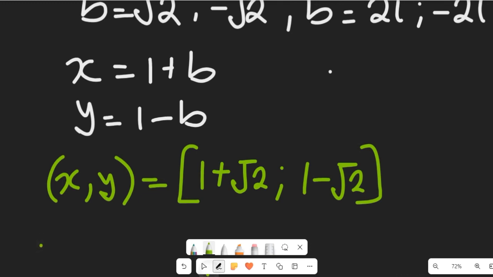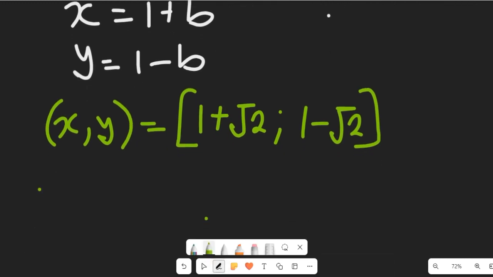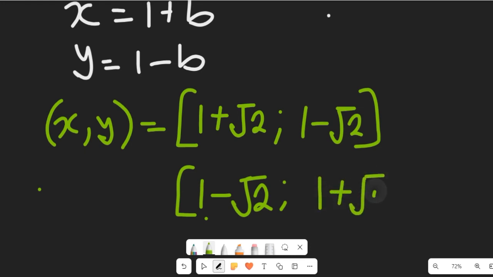We'll also have the next solution to either give us 1 minus the square root of 2, or 1 plus the square root of 2. These are the only two real solutions we have.